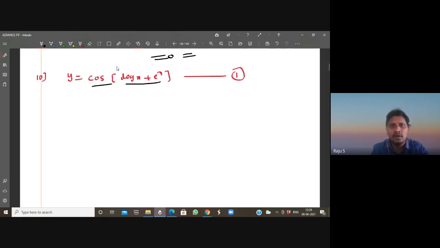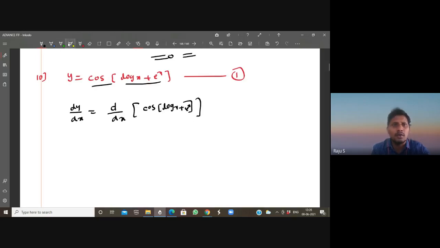You should not write it separately; the log a plus b formula is not required now. So when I differentiate with respect to x, dy by dx is equal to d by dx of the given function, cos of log x plus e power x.